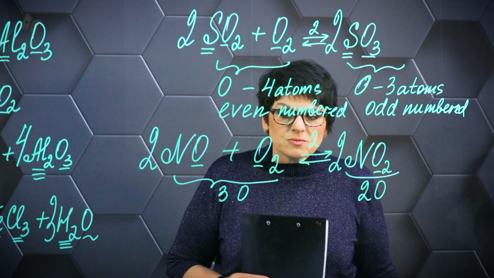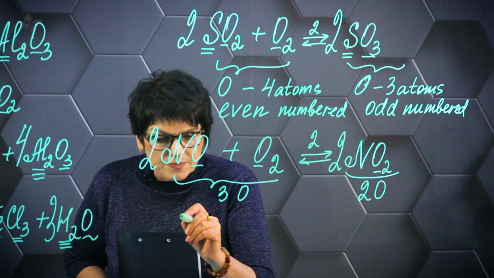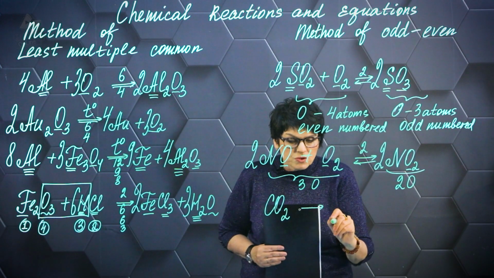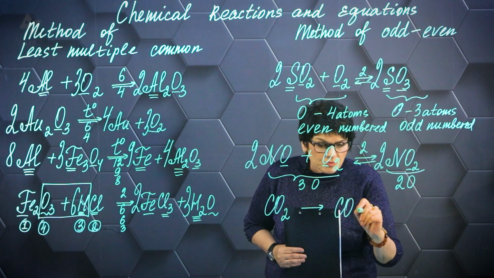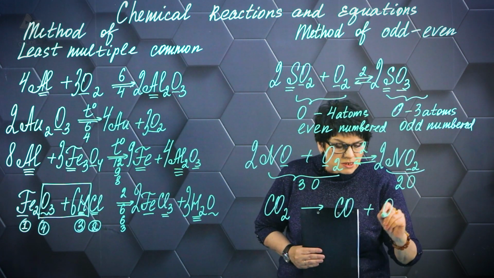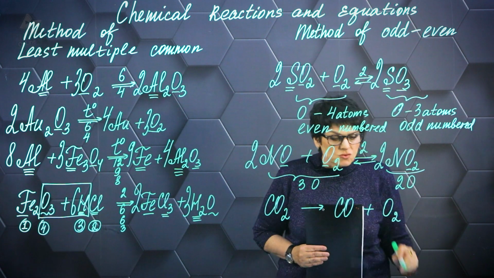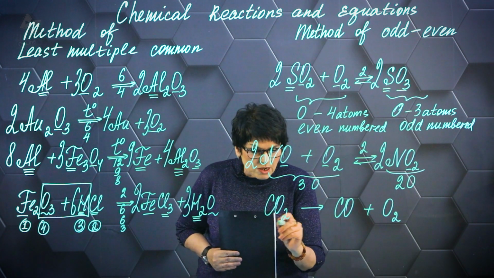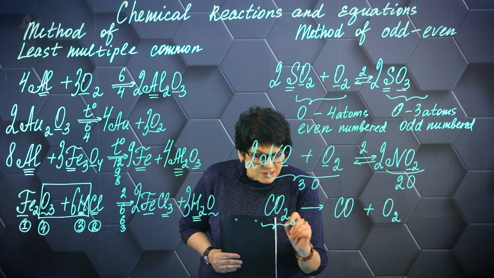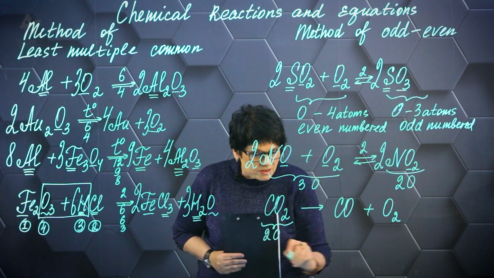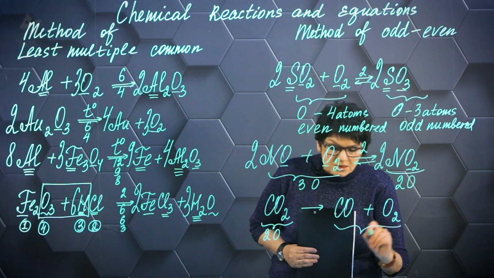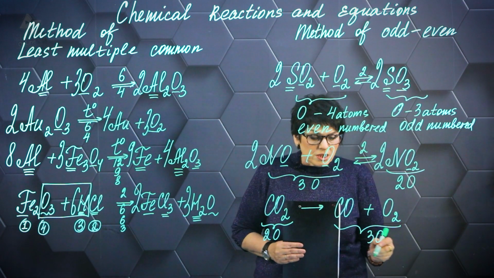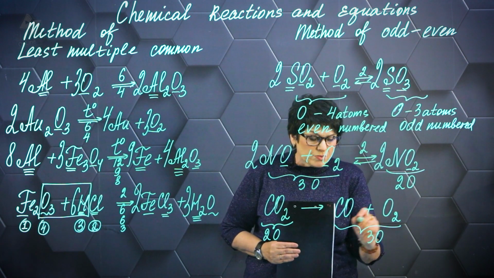Now let's demonstrate another example. The decomposition reaction of carbon dioxide can occur with the formation of the gas CO and oxygen as byproducts. This reaction is reversible. Let's review how the method works. On the left, we have 2 oxygens, and on the right, the total oxygen is 3. So it turns out that on our left it's even, on the right it's odd.